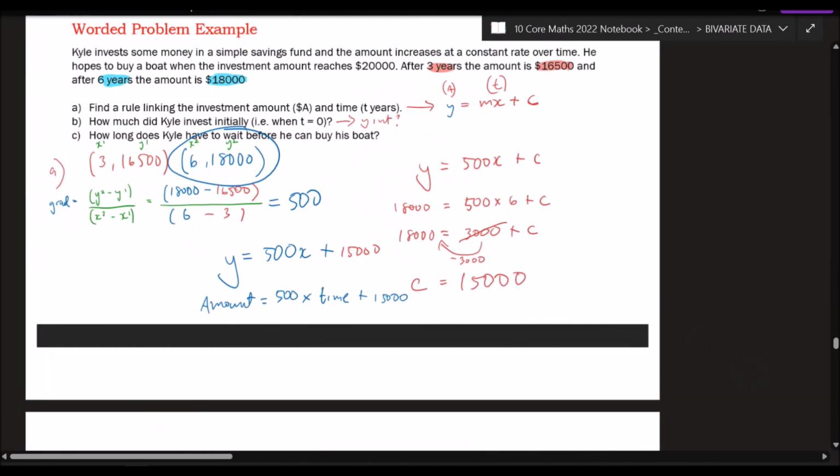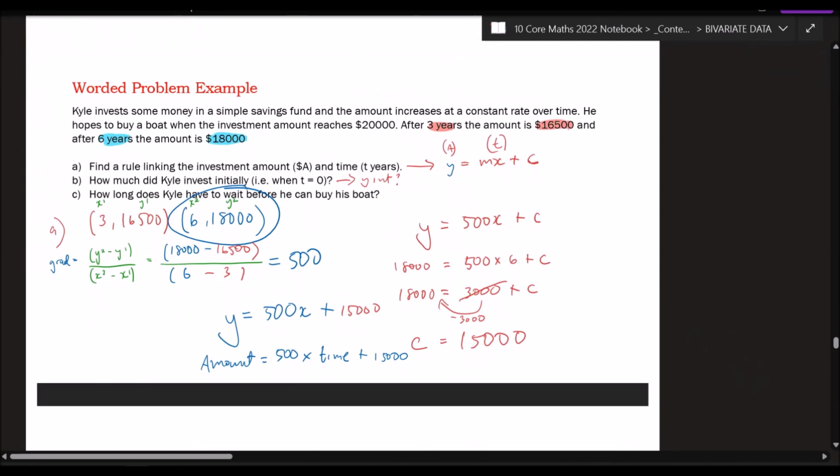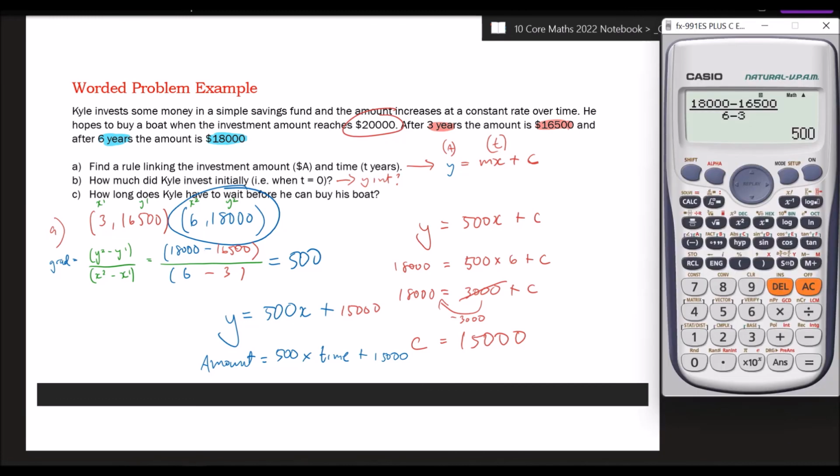Now, going back to question C, how long does he need to wait so that his investment will reach 20,000? Based on the rule, 500 times time plus 15,000, how long will it take him to reach 20,000? You can use your calculator for this.